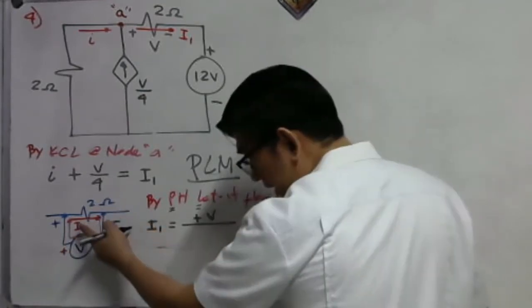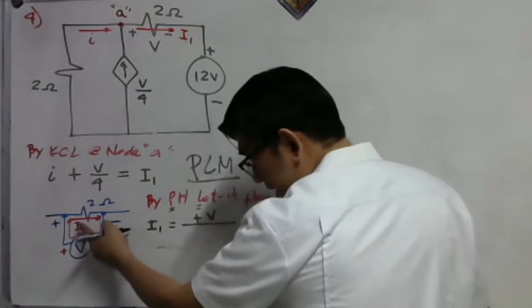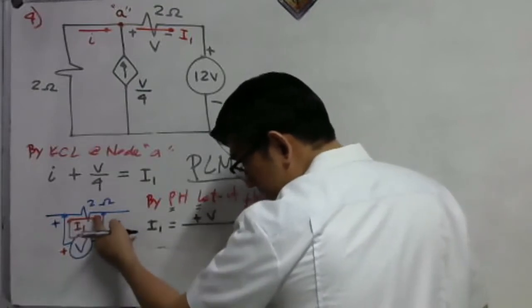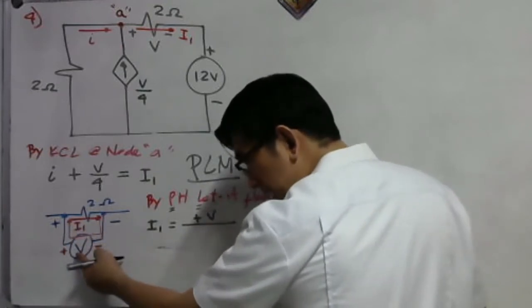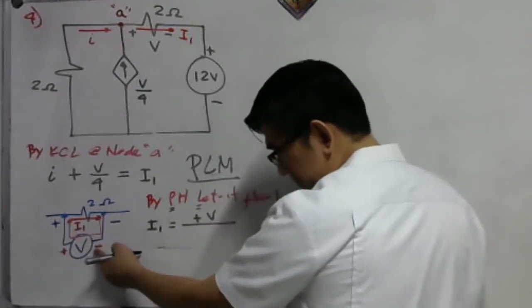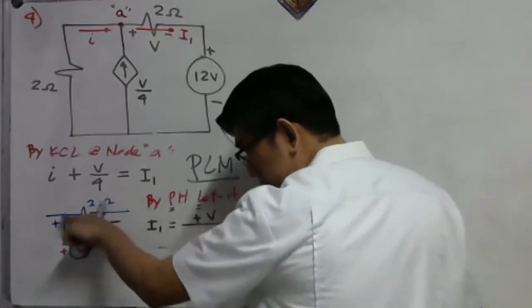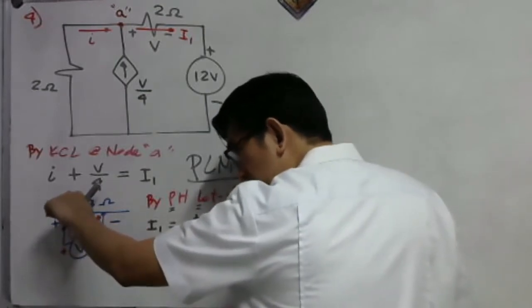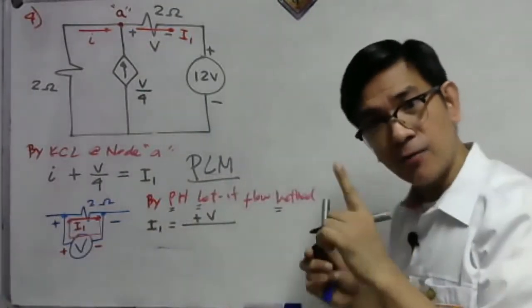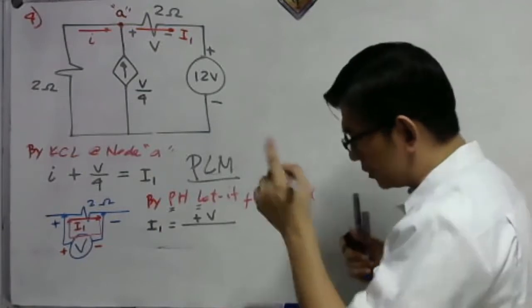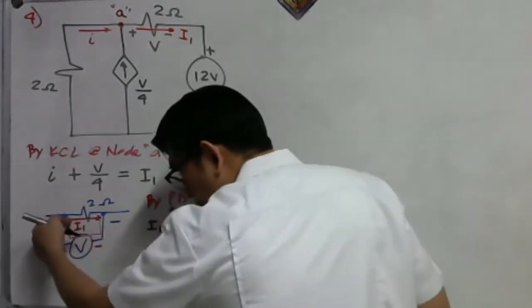Let's say our current I sub 1 is going to the left. The direction will be counterclockwise, wherein our V will become negative, because going to the left it will leave on the negative terminal of this voltmeter. But in our problem, we assume it is going to the right.